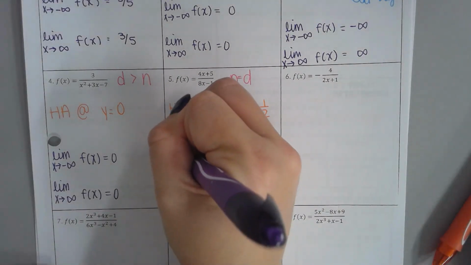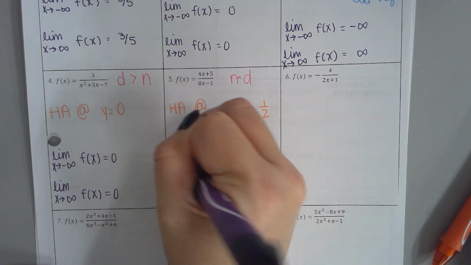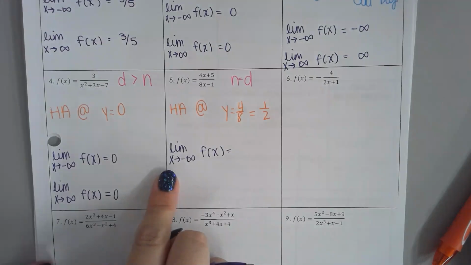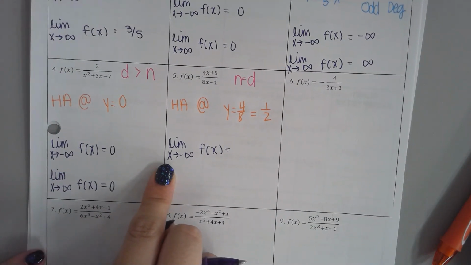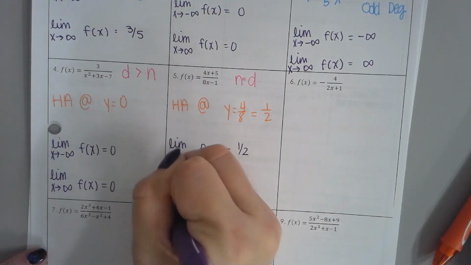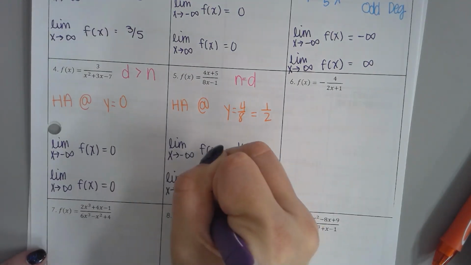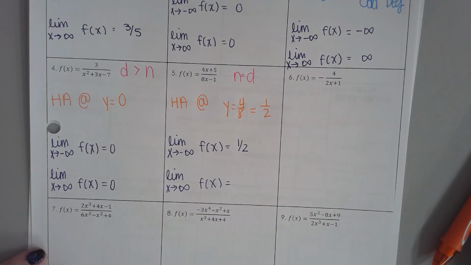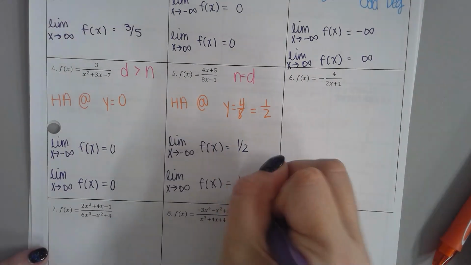So the limit as x approaches negative infinity of f of x, this is the left side, is 1/2. The right side end behavior is also 1/2.